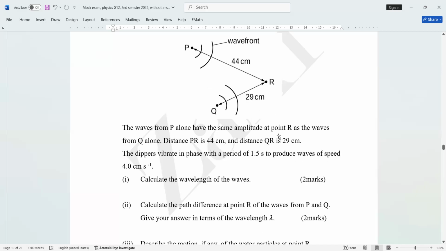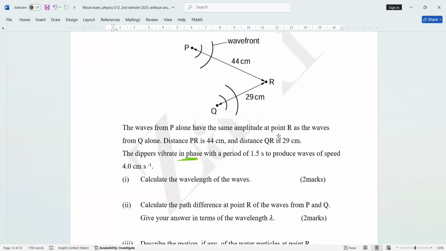The waves from B alone have the same amplitude at point R as the waves from Q alone. Distance BR equals 44 centimeter and the distance QR is 29 centimeter. The dippers vibrate in phase.